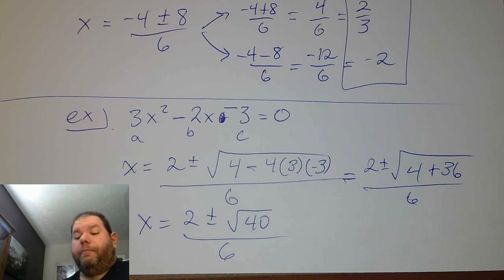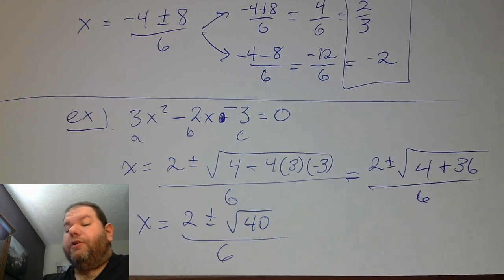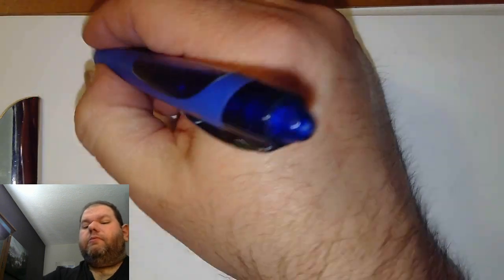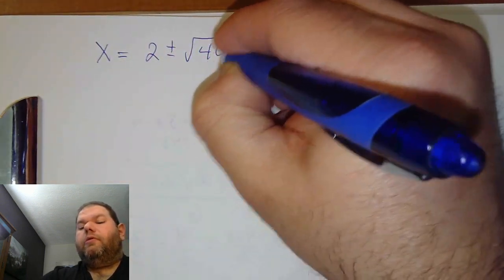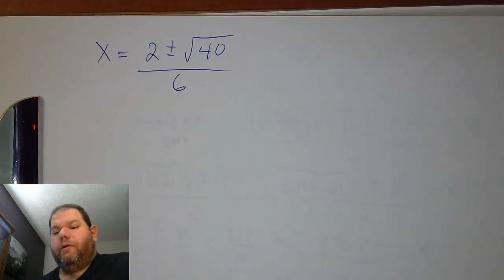Now, I have to turn over to the next page, 246. Okay. Now, we talked about the square root of 40 already.